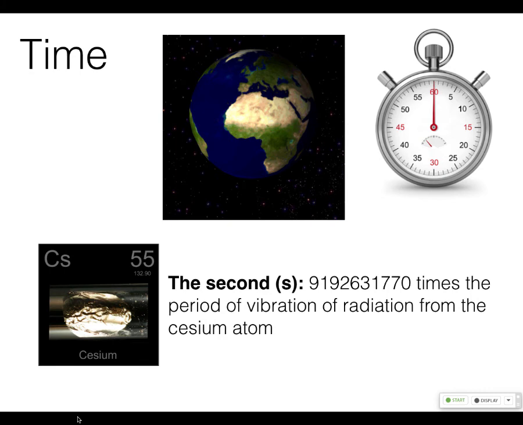They found the average length of a day, and that's the mean solar day. A solar day is defined as successive appearances of the sun. Somebody had to figure out how to define these things. And then the second was defined as divide by 24, divide by 60, divide by 60. That was how we used to define the second.